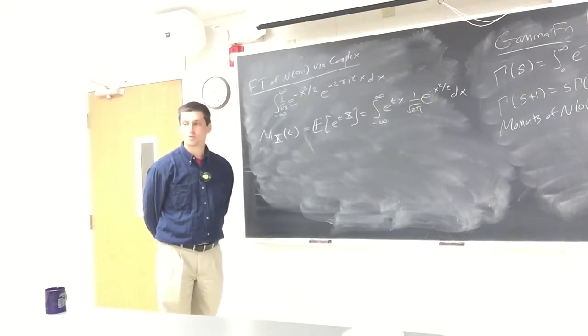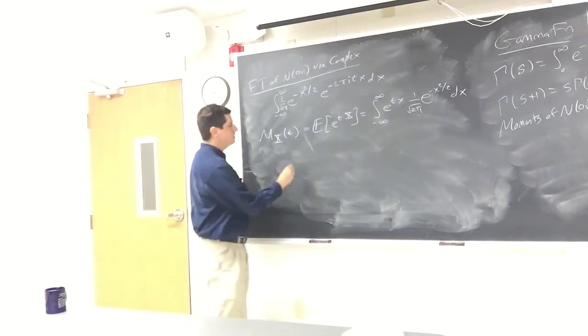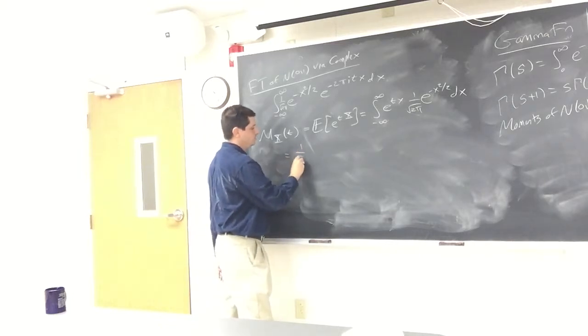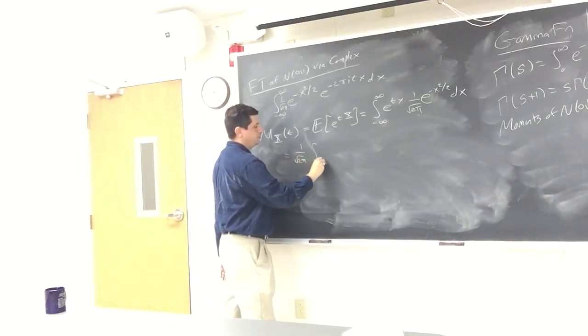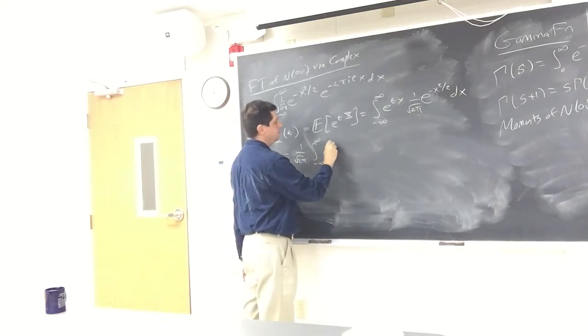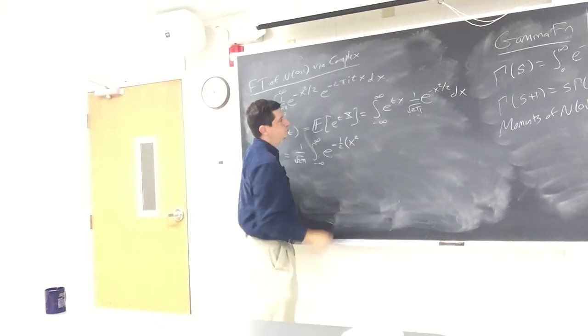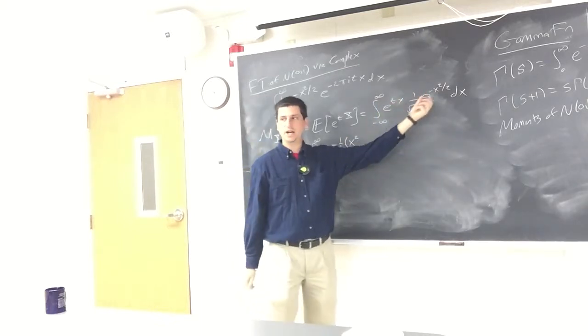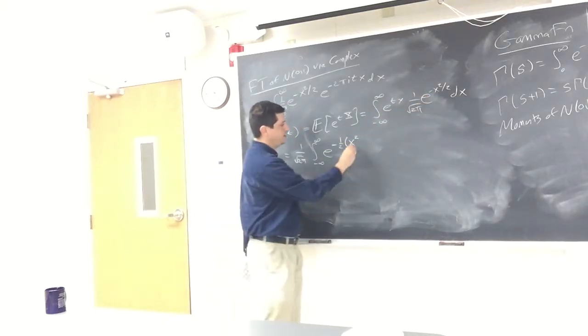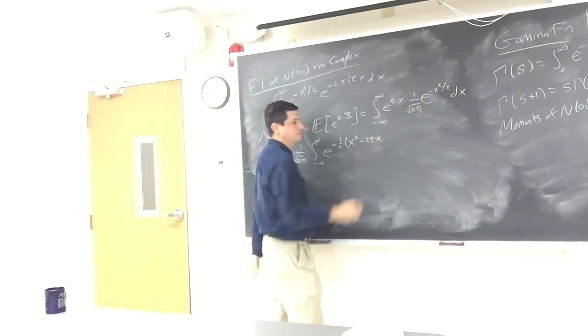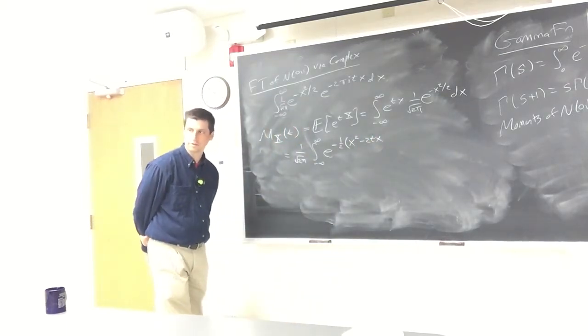We complete the square. So this is the same as 1 over square root of 2 pi, integral from minus infinity to infinity, e to the negative 1/2 of x squared. When we bring this inside, what do we get? We get a minus 2tx, right?